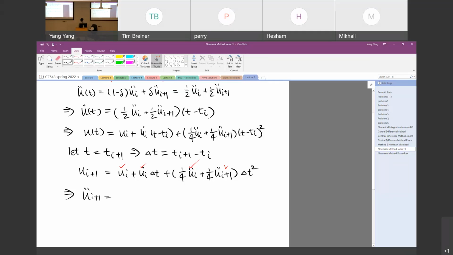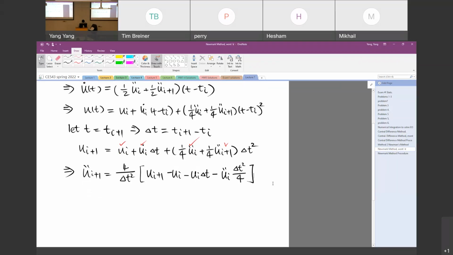So if we move the acceleration at time i+1 to the left side, we can have that equal to this.